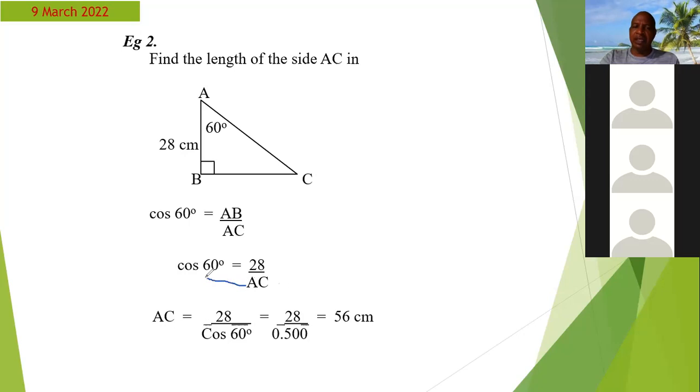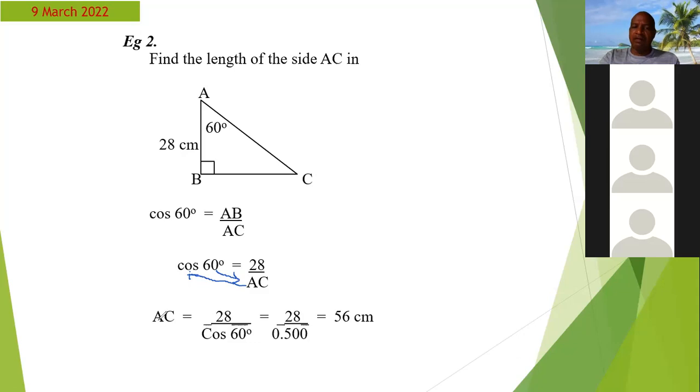If we bring this AC across and times it by cos 60, we'll get it on the other side. But at the same time, we could just bring down the cos 60. In other words, it's like an exchange. We bring up the AC and we bring down the cos 60.